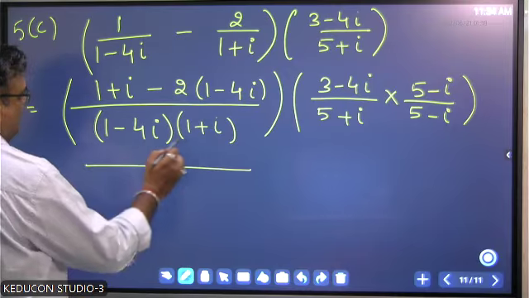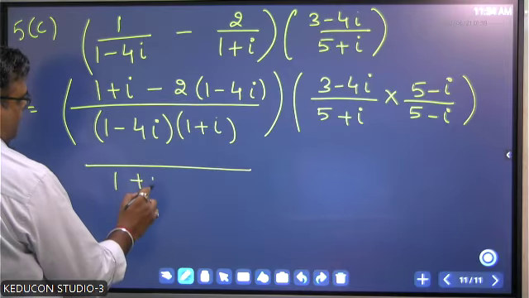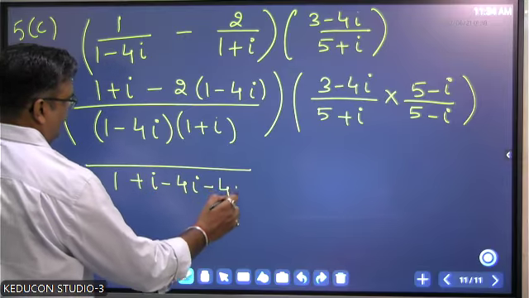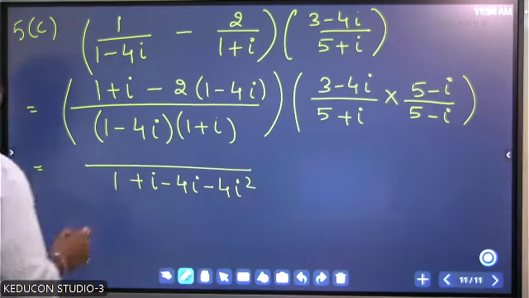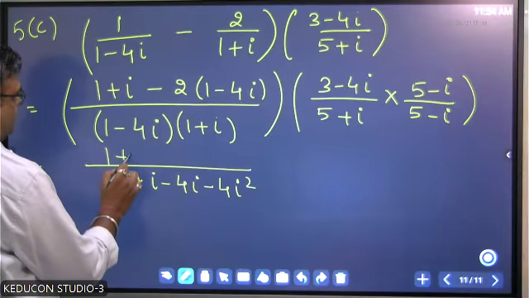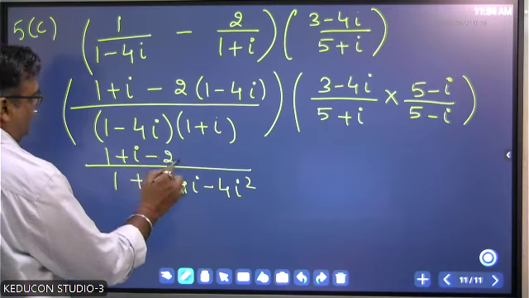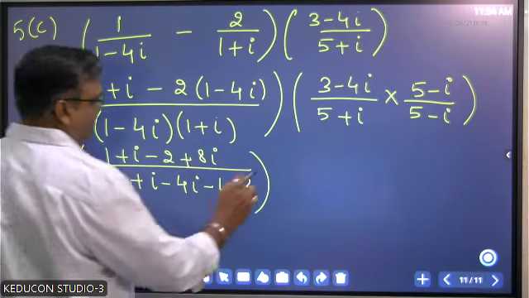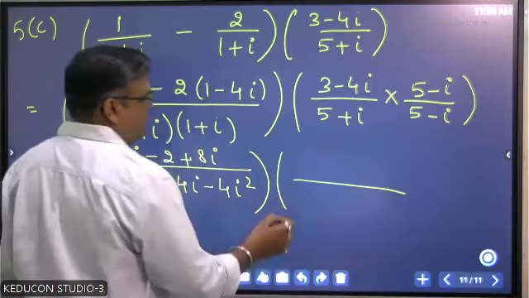When you multiply this, 1 plus iota minus 4 iota minus 4 iota square. And in the numerator, you will have 1 plus iota minus 2 plus 8 iota into this.